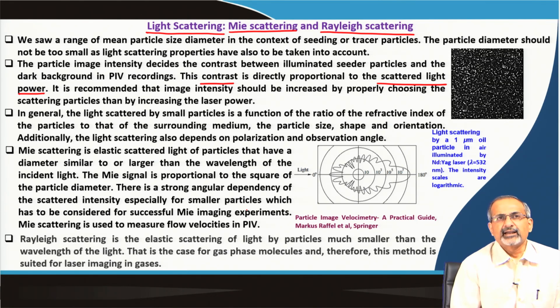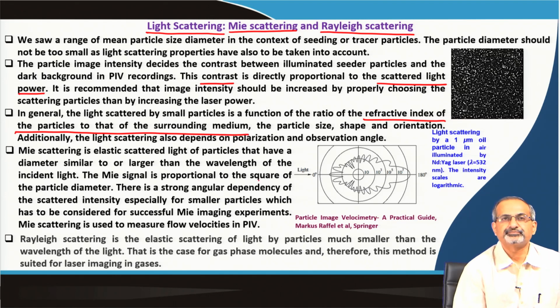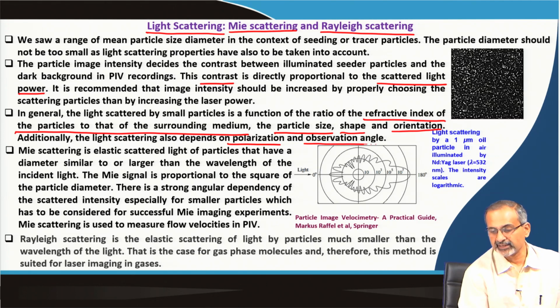In general, the light scattered by small particles is a function of the ratio of the refractive index of the particles to that of the surrounding medium, the particle size, the shape and their orientation. Additionally, the light scattering also depends on polarization and observation angle. So, there are many factors which could influence it.